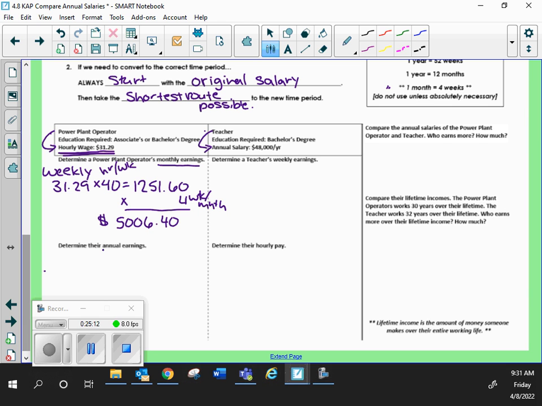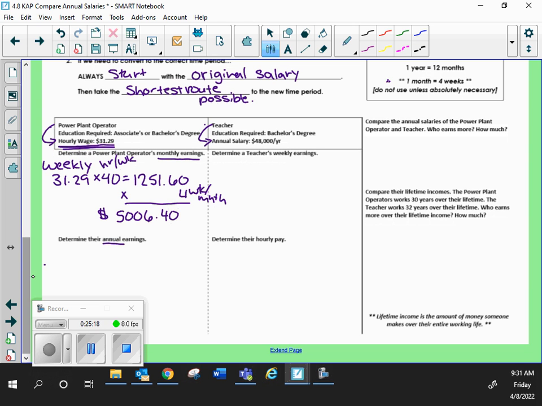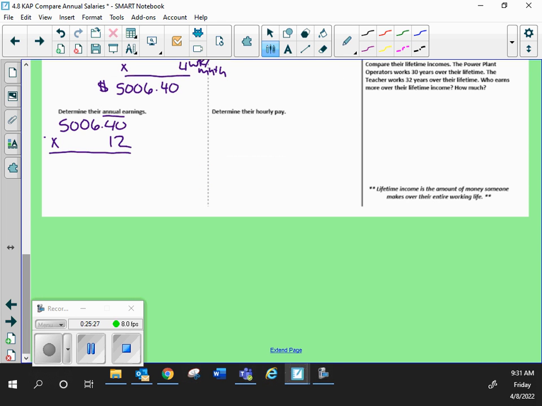Then if I wanted to figure out annual, what would I do with that number? Times it by 12. $5,006.40 times 12. Go ahead and multiply that.